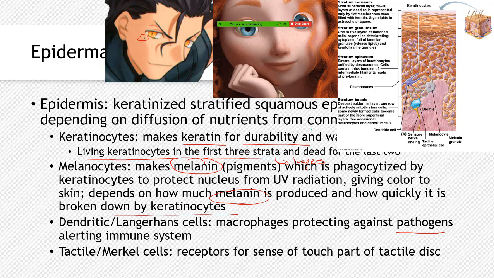There are other structures that detect touch as well, but this is just one of the many types. So don't worry about identifying the different types of cells, because I'm not going to give you a picture here to identify them. But most of these are going to be the keratinocytes that have keratin inside of them. But you do see all the different types of cells labeled here.